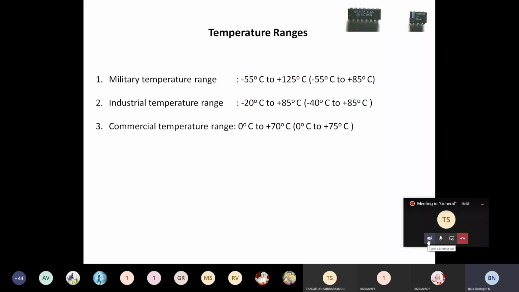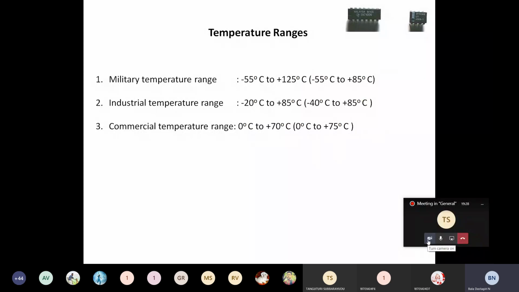For military applications, that is the ICs that will be used in war tankers, or in airborne applications of the military, the ICs should be able to withstand the temperature of minus 55 degrees centigrade to 125 degrees centigrade.